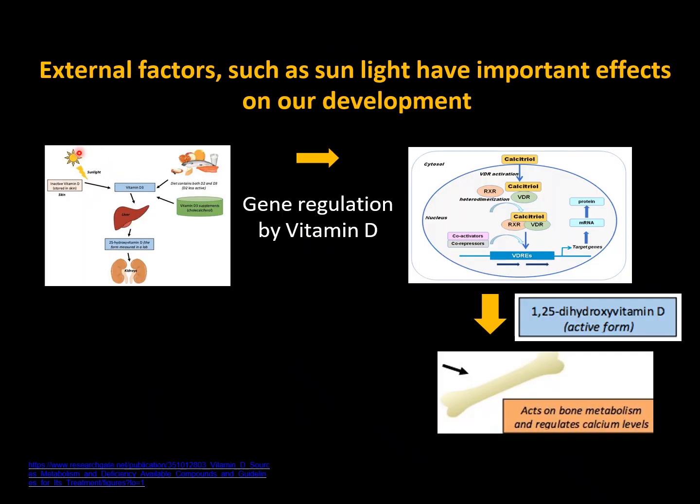Okay, so with this we finish this section, and we talked about how the external environment, diet, and sunlight can affect the gene activity, and in this case, it can make your bones and muscle healthier by the production of vitamin D3.